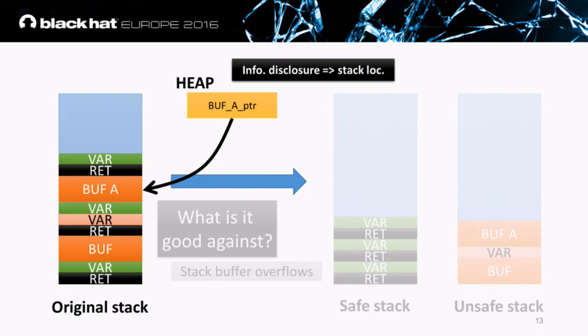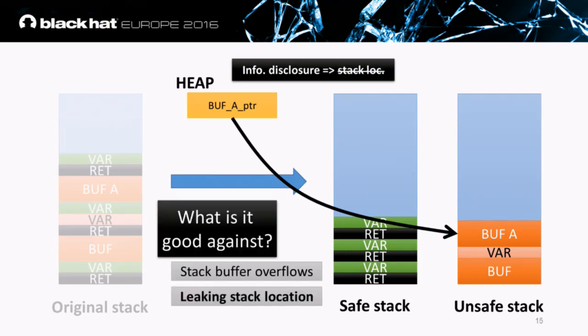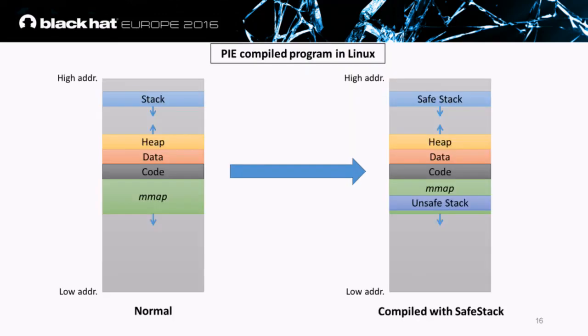And if the attacker can find the stack, it also needs some write capabilities to then overwrite the values on the stack. So information disclosures, that's the thing. Buffer A will then be moved to the unsafe stack when you apply SafeStack. So the buffer A pointer will not be pointing to the stack that contains the return addresses, but it will point to the unsafe stack. So it also stops the stack location disclosure. It prevents leaking the stack location.